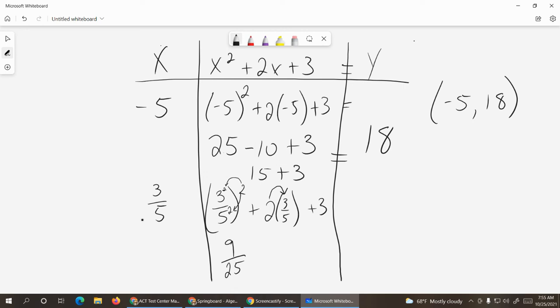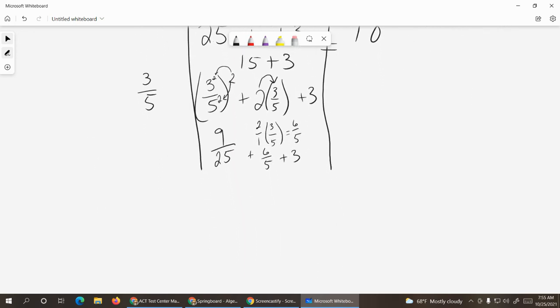And so this is just saying 2/1 times 3/5. 2 times 3 is 6. 1 times 5 is 5. So you just take the whole number and multiply it by the numerator, and that gives me plus 6/5, and then plus 3.